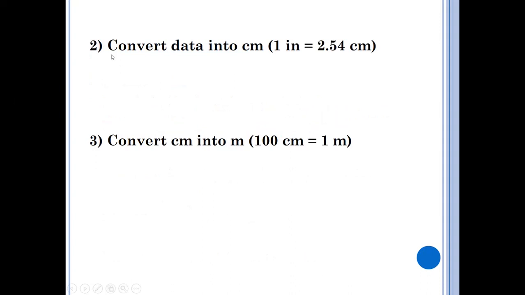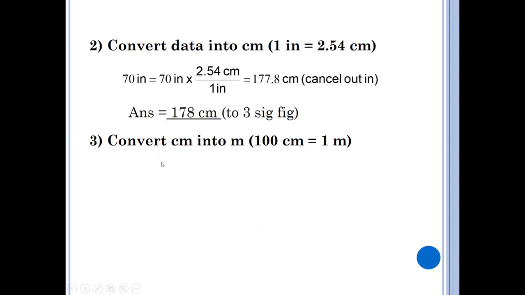So please proceed with question number 2 and 3. Okay, question number 2 and 3. So here, the given is 70 inch. How to convert to cm? You need to use this factor conversion, and at the end of the calculation you convert to 3 significant figures.